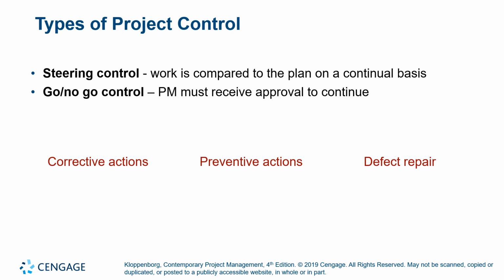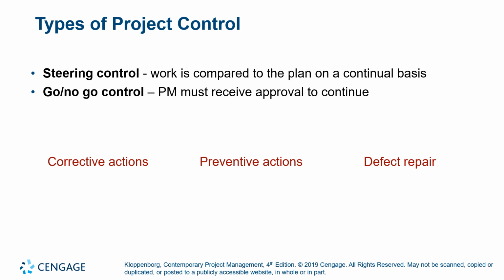With a lot of projects, especially projects with high visibility, you have go, no go control where a board of stakeholders or sponsors will take a look at a project and make a decision. Steering control deals with monitoring the project, seeing how work is going, and planning on a continued basis with your team based on the performance of that project once it's implemented.